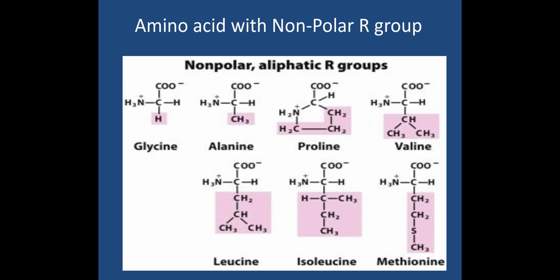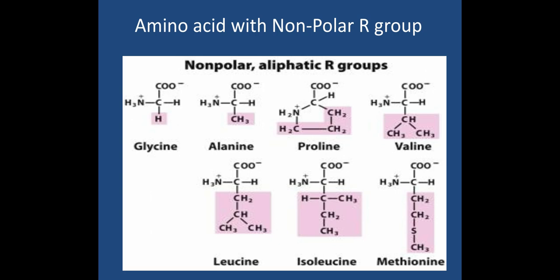The amino acids with non-polar R group are further categorized into two types: amino acids with non-polar aliphatic R group and amino acids with aromatic R group.